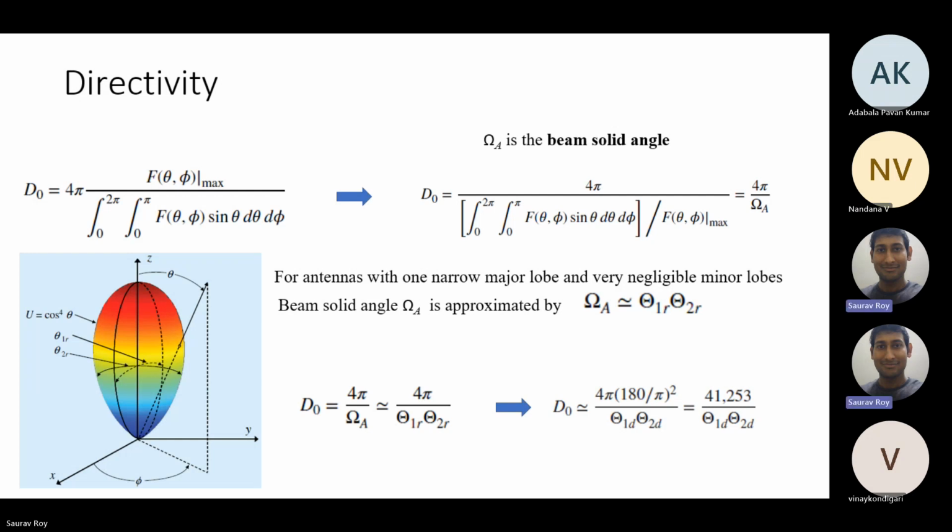Now I have a question for you. Why are theta 1 and theta 2 taken in two perpendicular directions? Why not some other theta 1, theta 2? Do you know any significance of that?